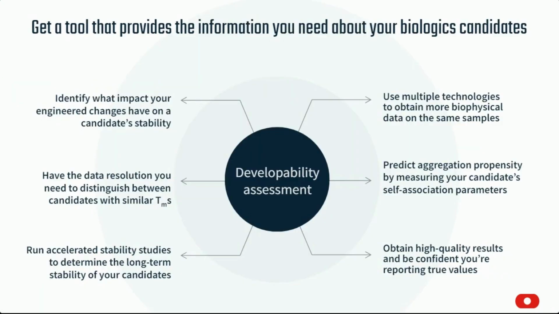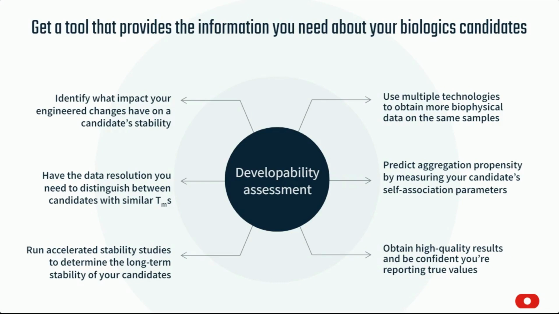Now, I'd like to wrap up by elaborating a bit more on what the Prometheus Panta brings to the table when it comes to your developability profiling. We discussed with the case study how the Prometheus Panta is able to help with the initial triage by identifying the impact certain mutational changes have on a rationally designed construct, or you could even apply this to randomized libraries as well.